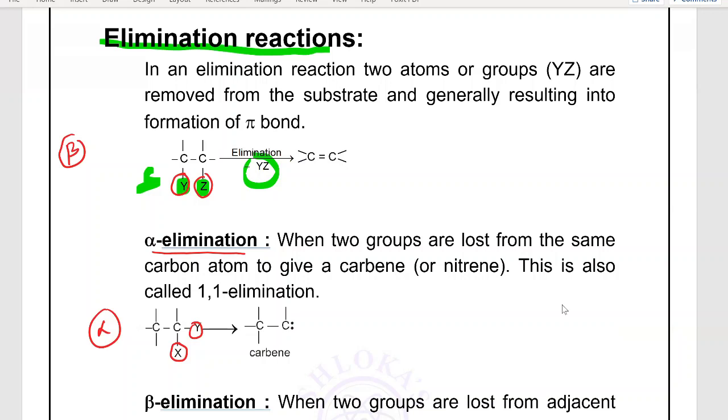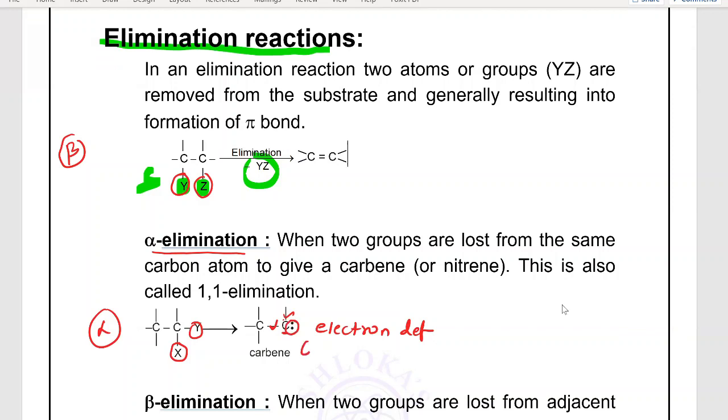What is this carbene? You see here, in this carbene, the carbon has two non-bonded electrons. Although it has one lone pair on it, it is electron deficient. Why electron deficient? Around this carbon we have two covalent bonds, and each covalent bond equals 2 electrons. 2 plus 2 is 4, and these 2 electrons make 6.